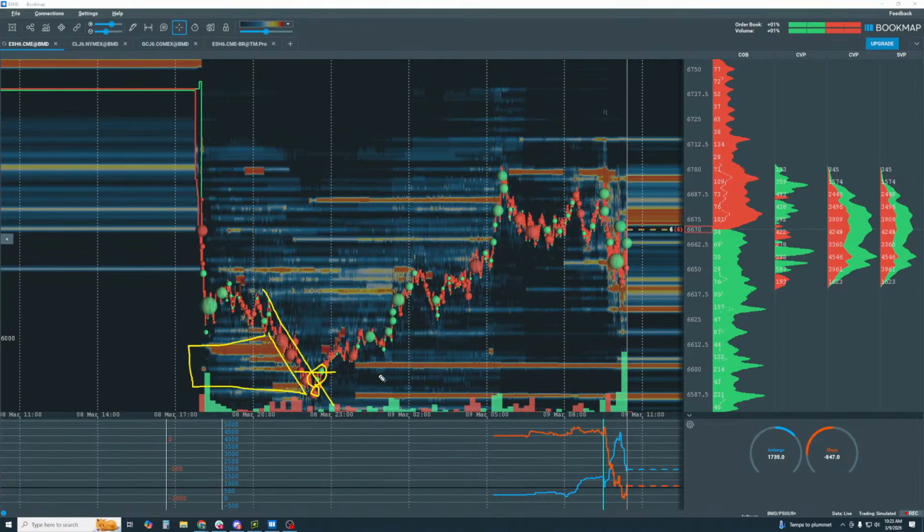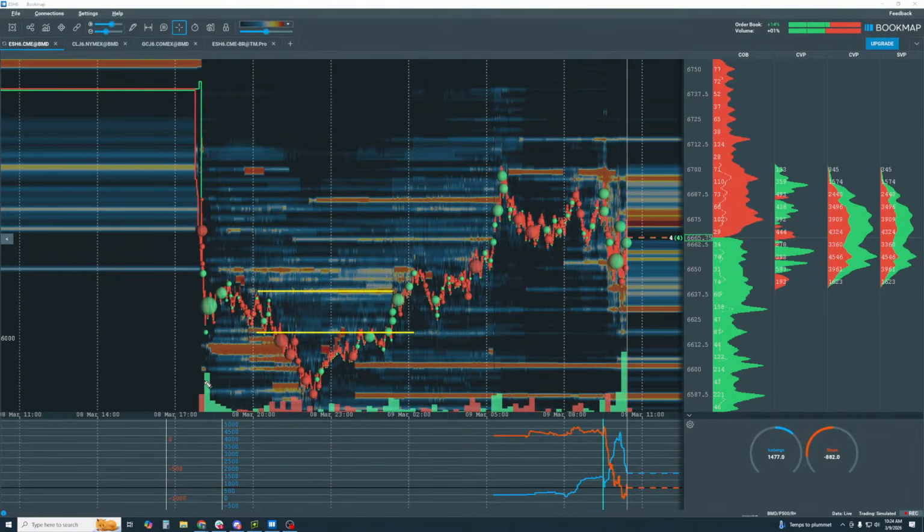You have to look for where your targets are. Maybe you'd be targeting up to here, or up to the liquidity and the swing up here. Now that said, what we're looking for for this kind of reversal setup in here is this transition from sell side to buy side.